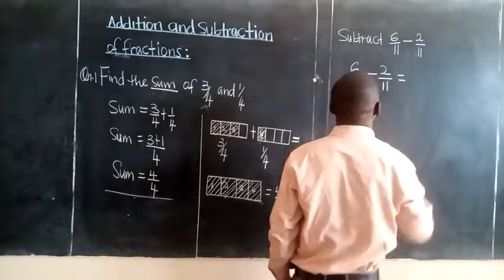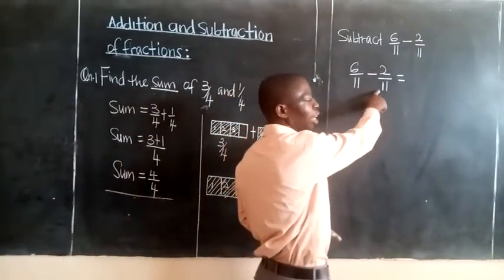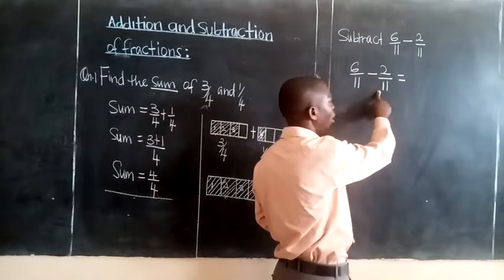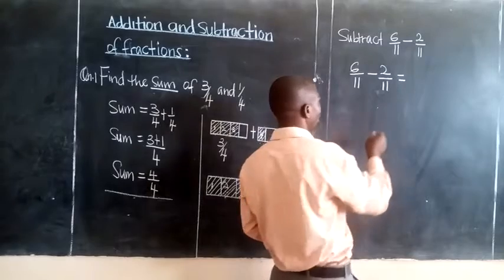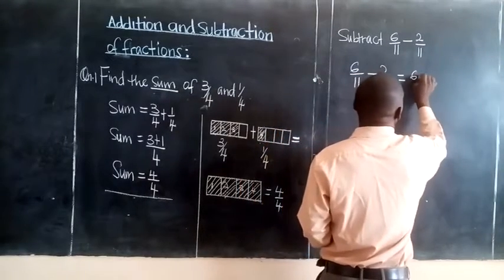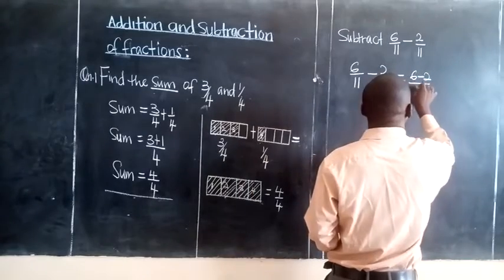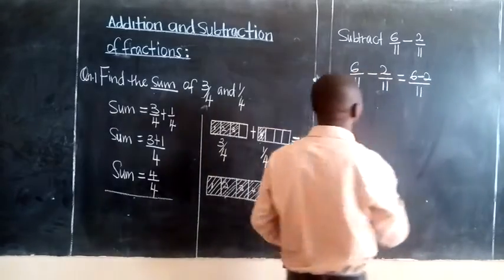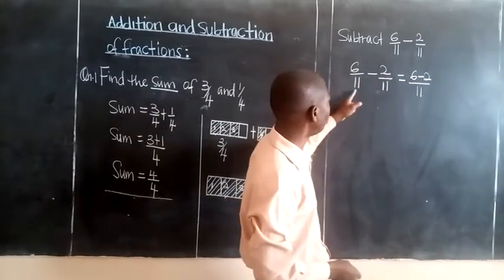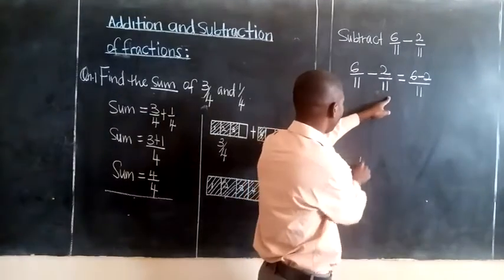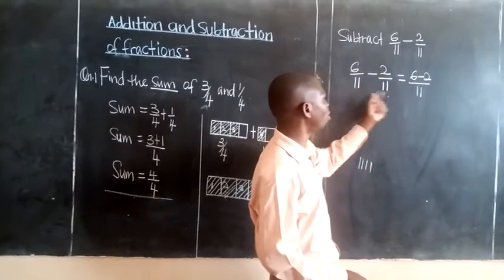This one will give us, we shall deal with numerators only, and the denominator is just maintained. Because they are the same, we shall only write one to represent the other. So we shall say 6 take away 2 out of 11. We are dealing with numerators only. Then the denominators, don't write 11, 11. Because they are 2, we shall only write 1.